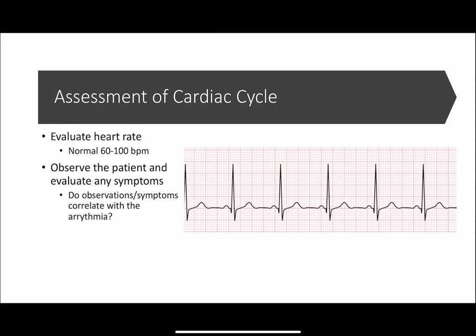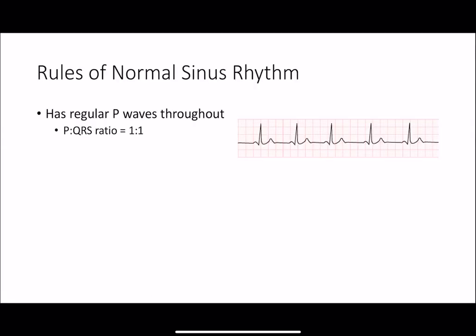Is it within the normal range of 60 to 100 beats per minute? And then always, always, always look at the patient and evaluate their symptoms. If you see something funky on the EKG, look at your patient. How are they presenting? Are they having symptoms? Are they conscious? That's always going to be an important step when evaluating what you see on a rhythm.